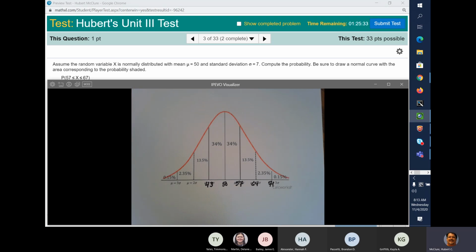And this is where I get kind of shady. 43 minus 7 is 36. Somebody help me out. And 36 minus 7 is 29. So somebody check on your calculator and make sure I did that math correctly.